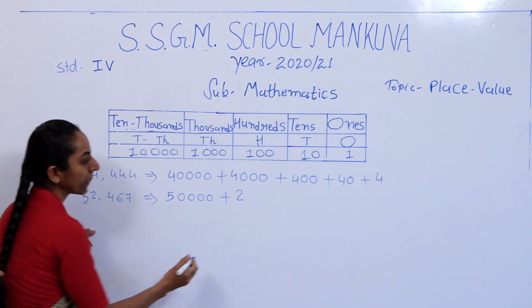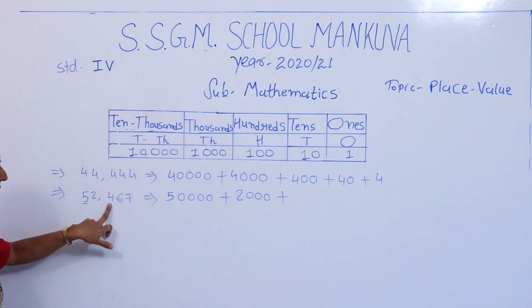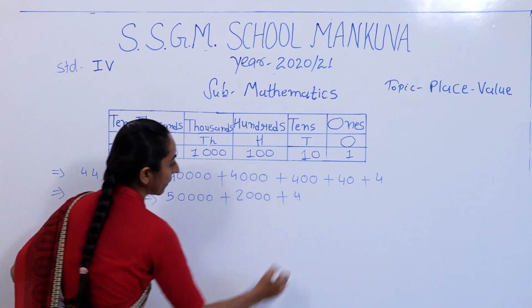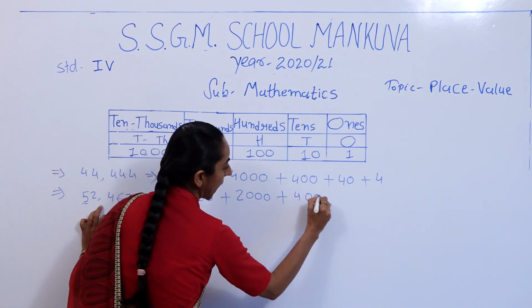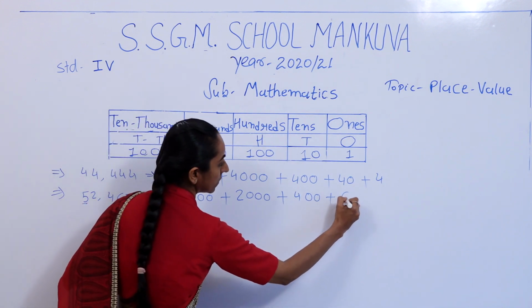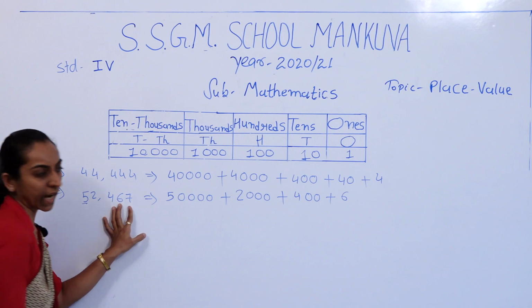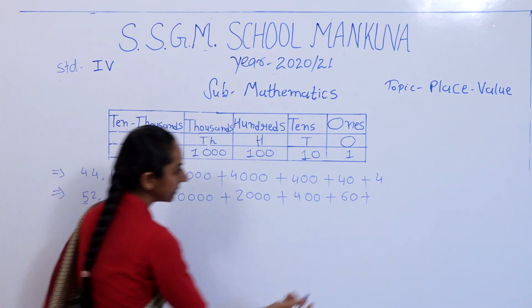That means we write 2,000 plus 4, after counting 2 digits, 1, 2, we write 400, plus 6, after 1 digit we write 60, plus the last digit is 7. Is it right?